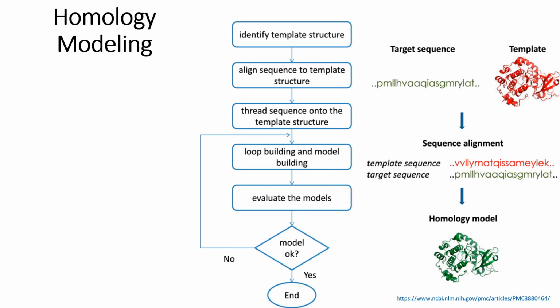So what is homology modeling? Homology or comparative modeling is a technique to create a three-dimensional structure of a protein in atomic detail on the basis of known experimental structures.